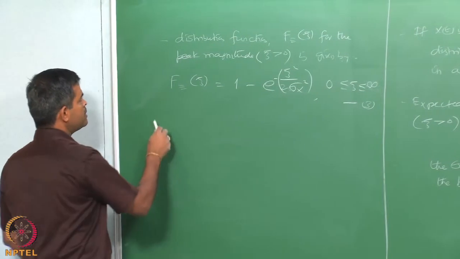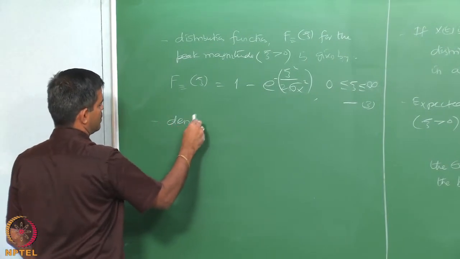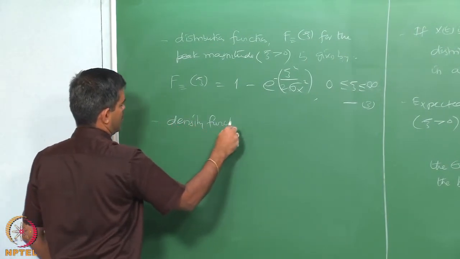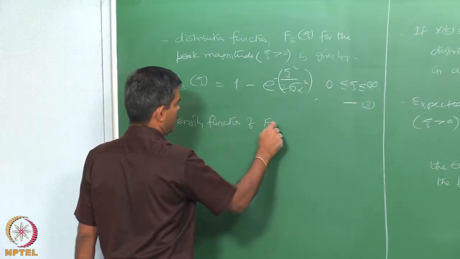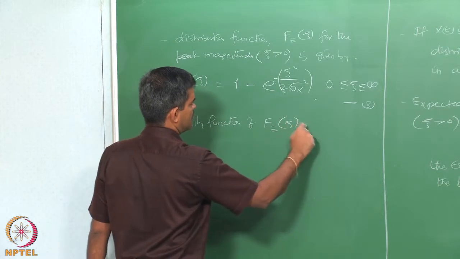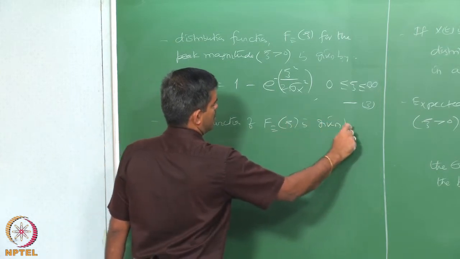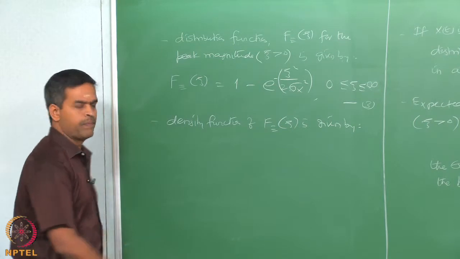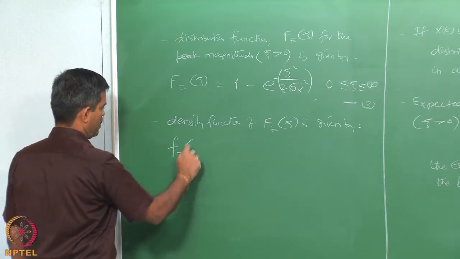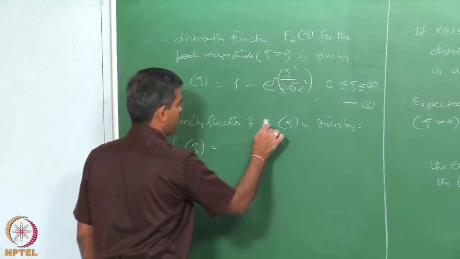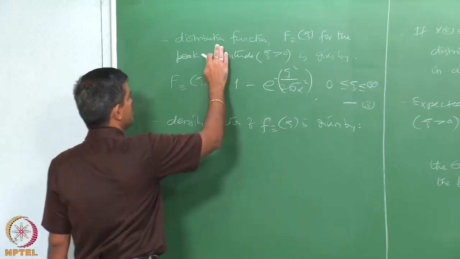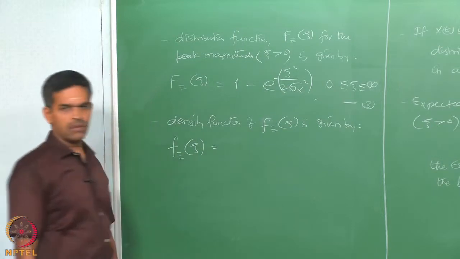The corresponding density function, which is small f of zeta, is given by, we will talk about small f here for the density function, capital F for the distribution function.